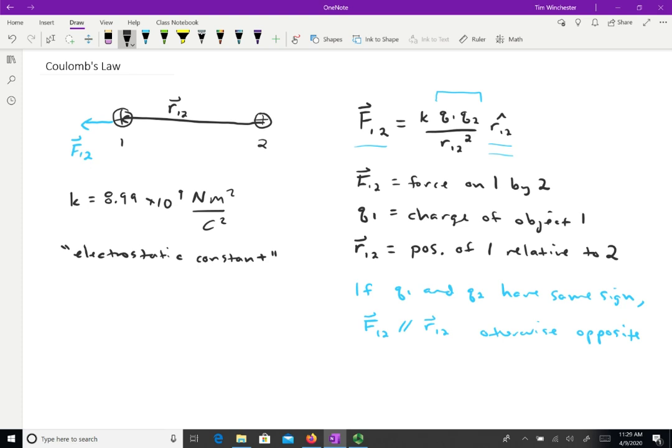Okay, so you're familiar with newtons, you're familiar with meters, but the coulombs are new. Okay, so a unit of charge in the SI system is a capital C, which stands for coulombs. Okay, and coulombs are named after a physicist. So Coulomb's law is named for the same person that the charge unit coulombs is named for.